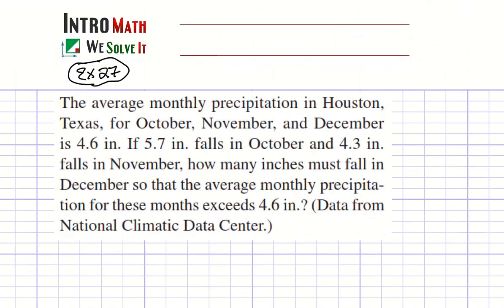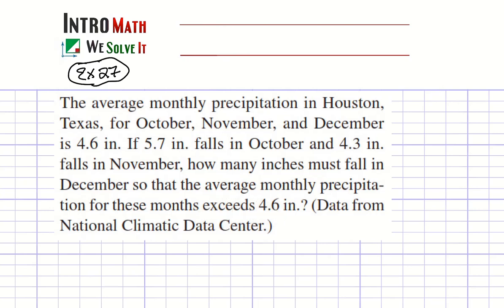Alright, let's look at the next example. See what it says. The average monthly precipitation in Houston, Texas for October, November, December is 4.6 inches. They gave you the average, just like they give you the average in grades. Remember, we just finished the grade one. And then it says, if 5.7 inches falls in October and 4.3 inches falls in November, how many inches must fall in December so that the average monthly precipitation for this month exceeds 4.6 inches?